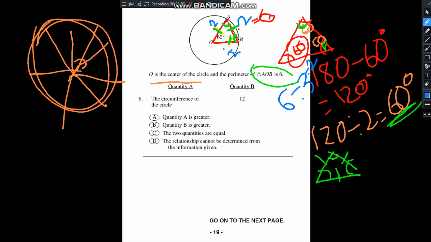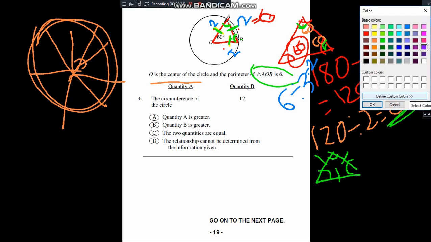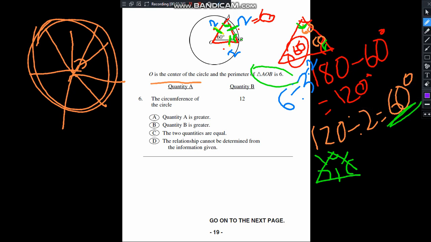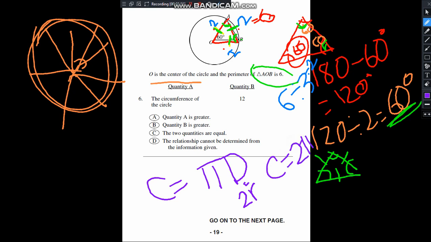So we can say the circumference of the circle, if you use the formula, C equals pi d, and d equals 2 times the radius. So I'm just going to say C equals 2 pi r.